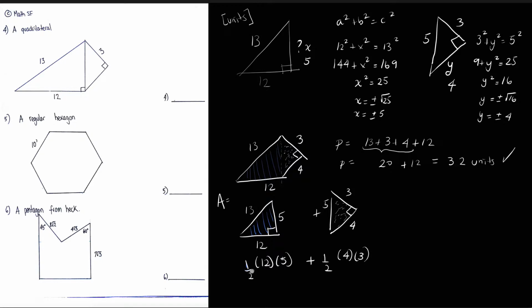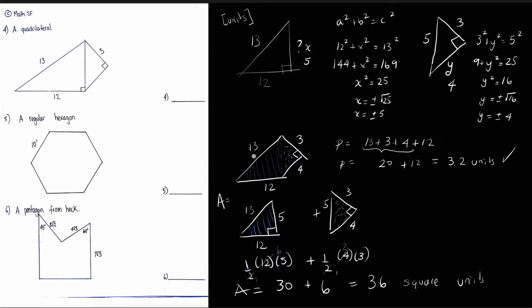Either you use your calculator to do this, or you do it by hand. 2 goes into 12 six times, 6 times 5 is 30, plus 2 goes into 4 twice, so 2 times 3 is 6. So my area A is equal to 30 plus 6, which is 36 square units.